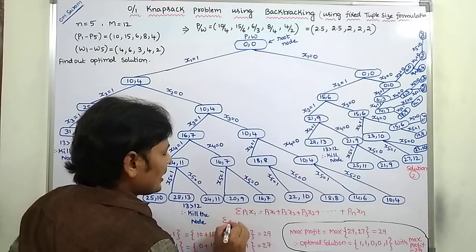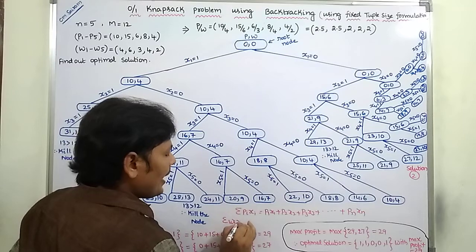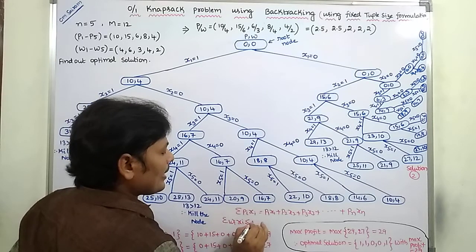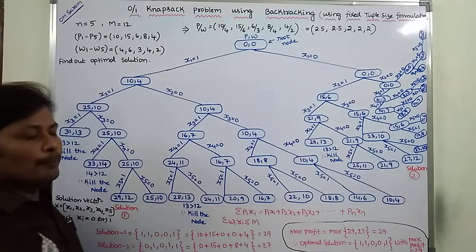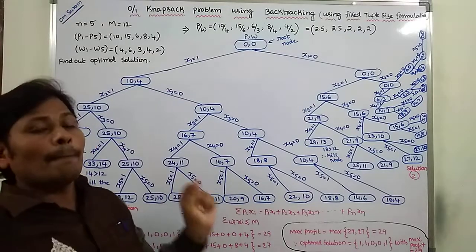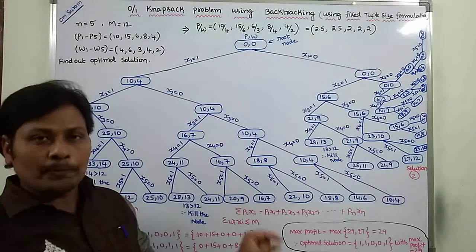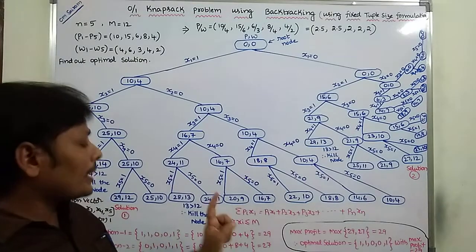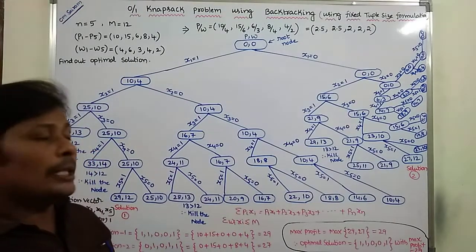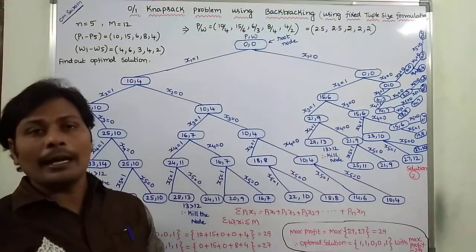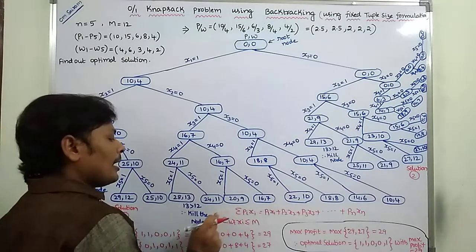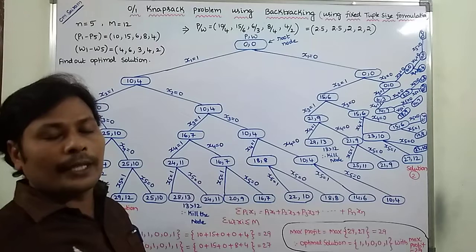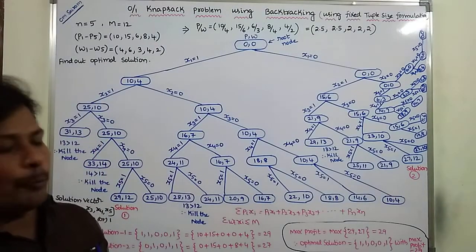The weight constraint is sigma wi xi less than or equal to capital M. That is, the sum of the weights of the objects placed into the knapsack must be less than or equal to the capacity of the knapsack. So these are the two main objectives of the 0/1 knapsack problem.